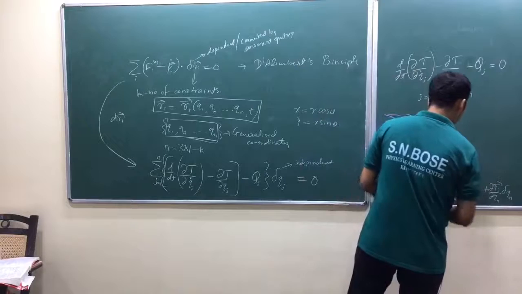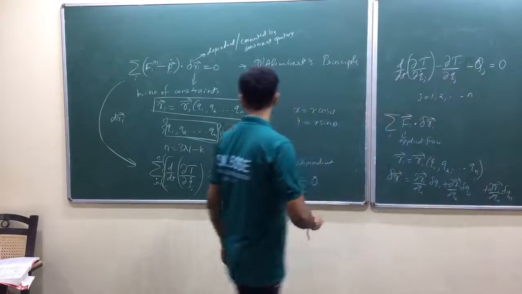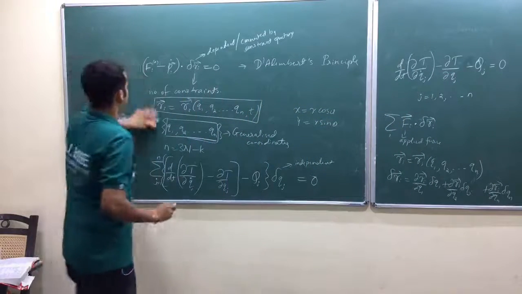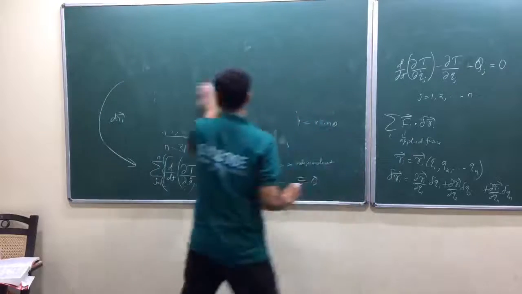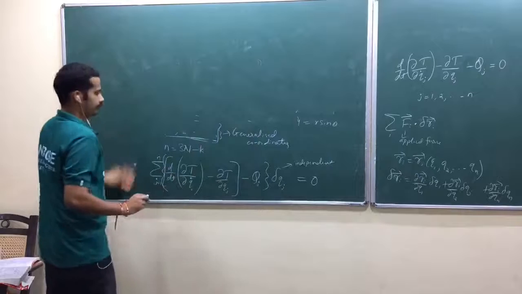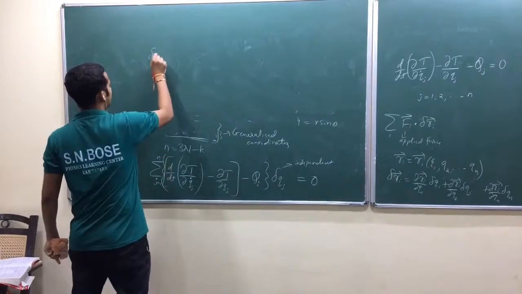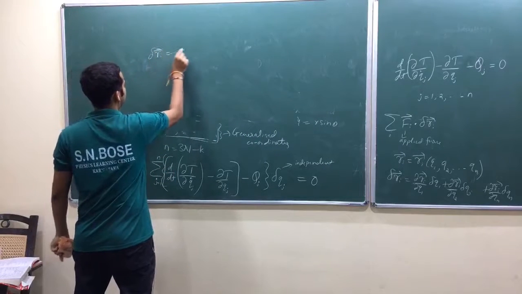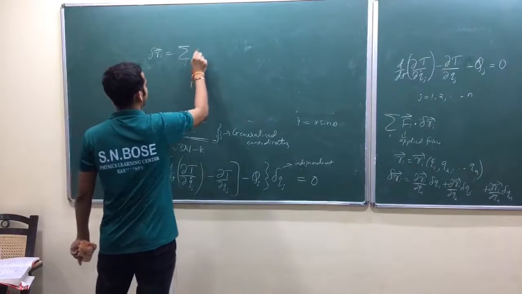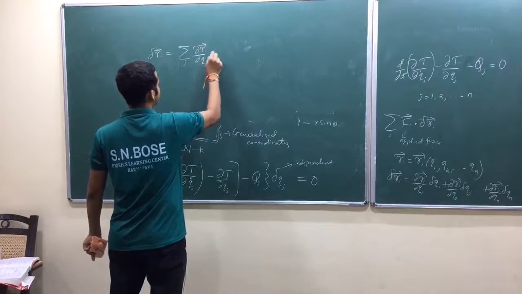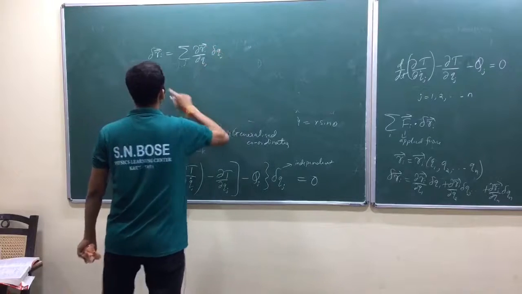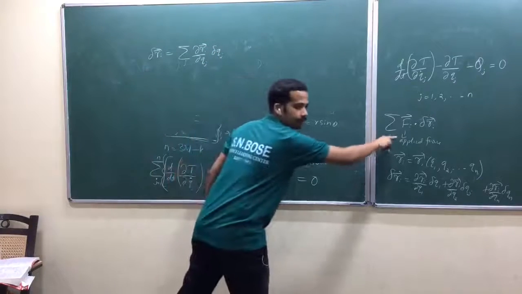For time's sake, let me just take only these things. Now look at here, δRi, I can write this as summation over j ∂Ri/∂Qj into δQj, and I'm going to substitute this into this equation.